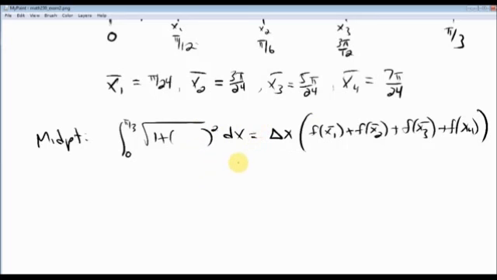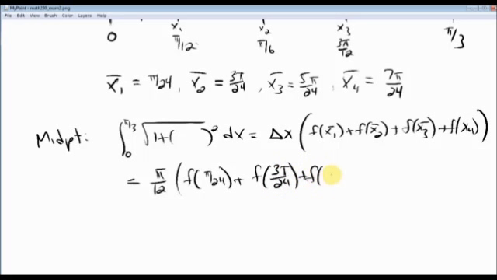Alright. Now, delta x, we already said was pi over 12. And then we get f of pi over 24. So now, really, at this point, it's up to you. Make sure you plug it into the calculator correctly.